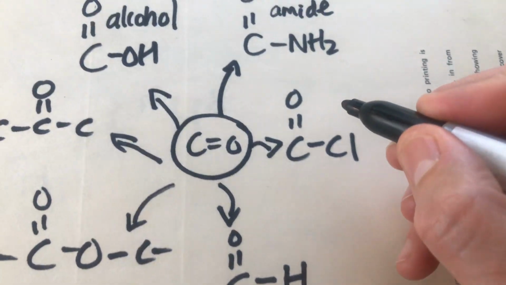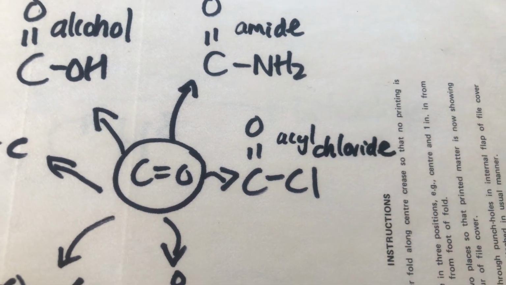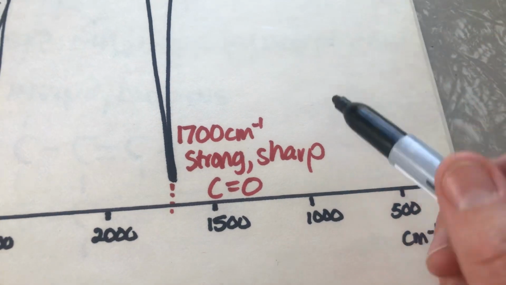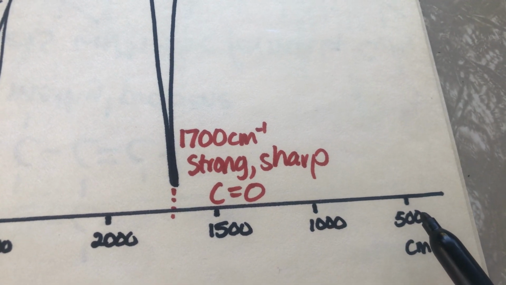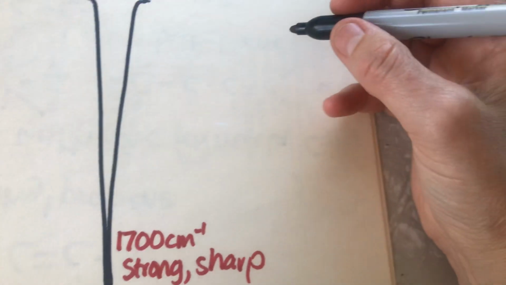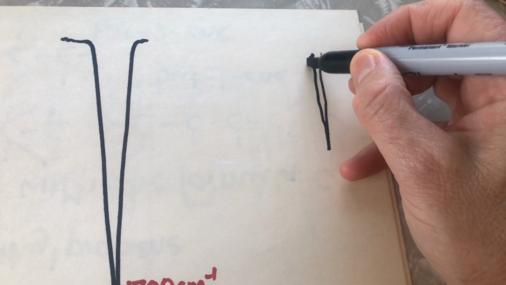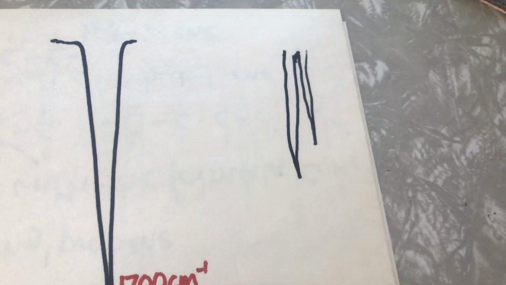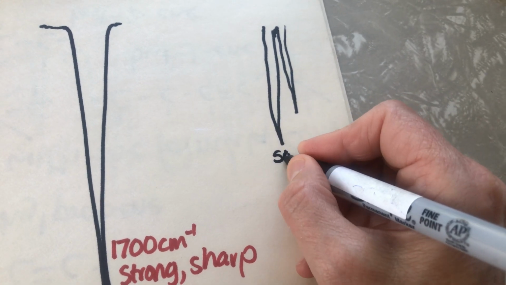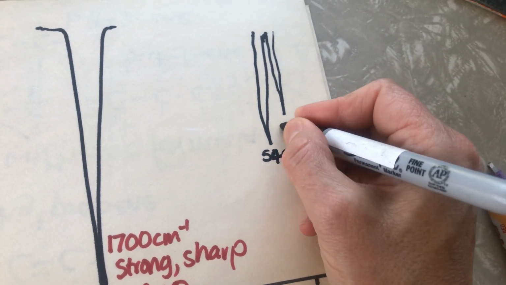What about this one here, an acyl chloride? We haven't been through this before, and actually the Cls and the Brs are a little bit tricky because they occur right down here in this fingerprint region. So what we're looking for with an acyl chloride is the presence of 1 or 2 very sharp, medium-ish peaks at around 540 to 785, and this is our Cl.